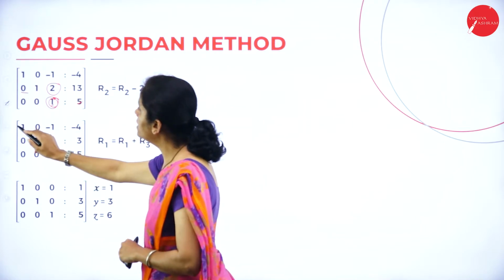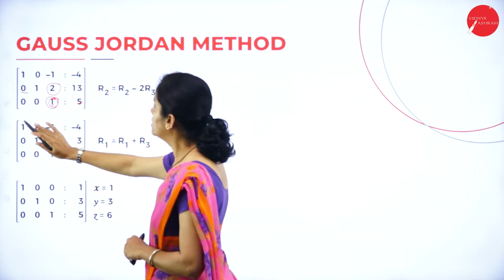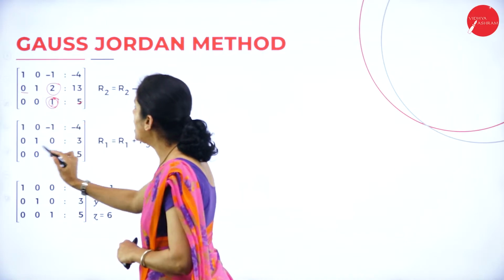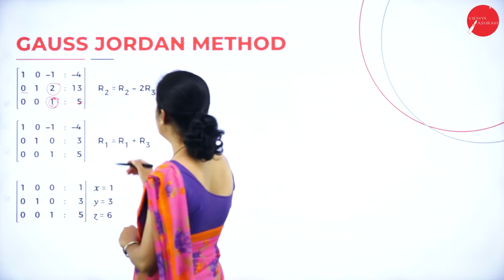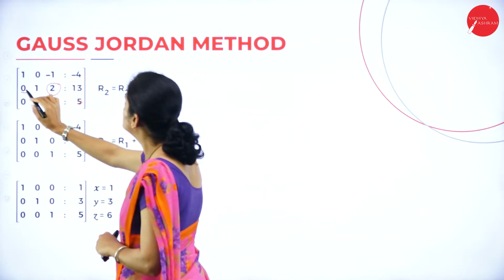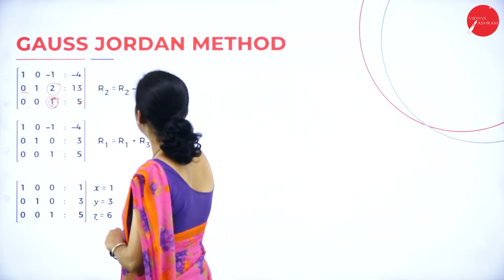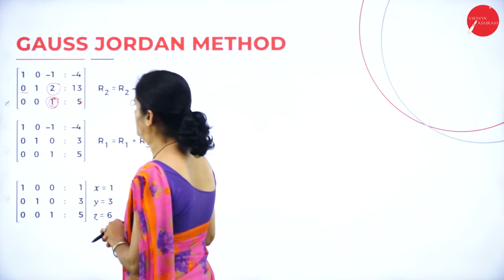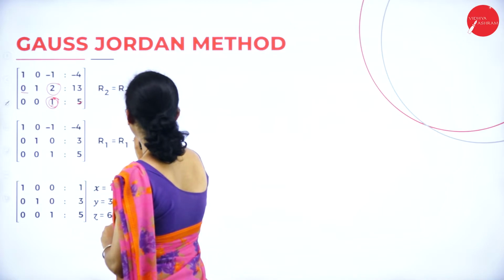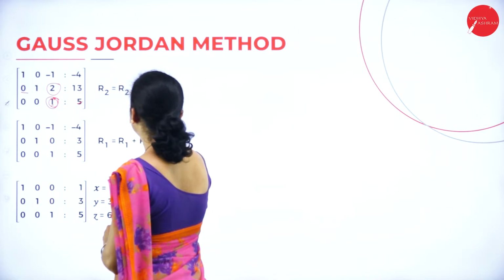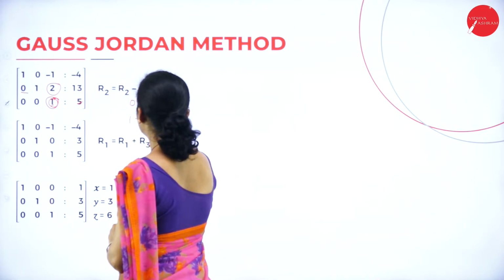Now I will write the first row as it is and the third row as it is. Now see here, 2 0 minus 2 0, which is 0. Now R2 is 1 minus 2 R1, that is minus 1.